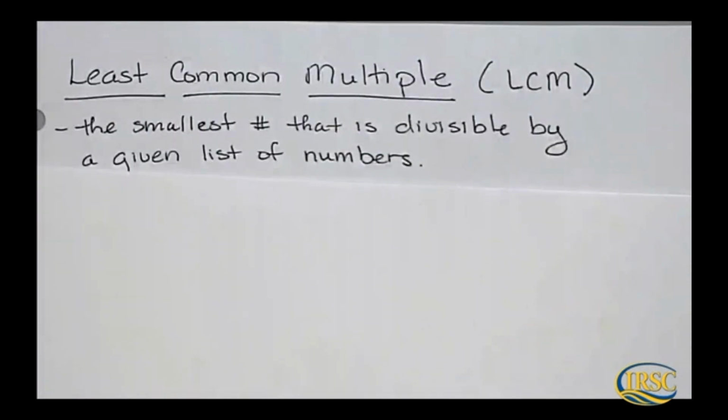This is the smallest number that is divisible by a given list of numbers. And this is the acronym that is actually the same as your least common denominator. So LCM, LCD are actually the same thing. The smallest number that is divisible by a given list of numbers.